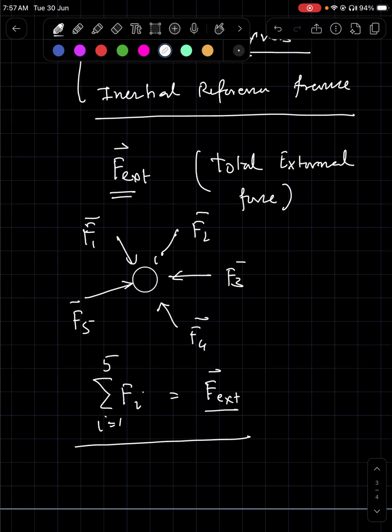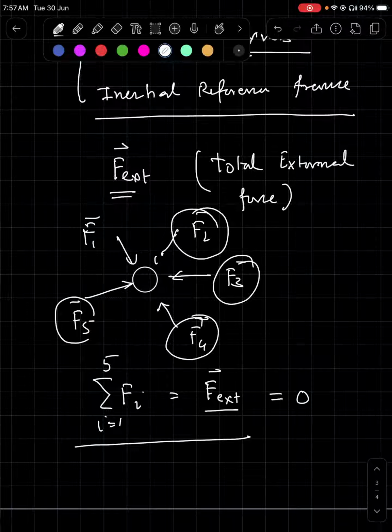Why am I telling this? Because if the total external force is zero, that does not mean that there is no external force acting on the body. Many external forces can act on the body, but the sum of the external forces is zero. That is very important. We are talking about the resultant.